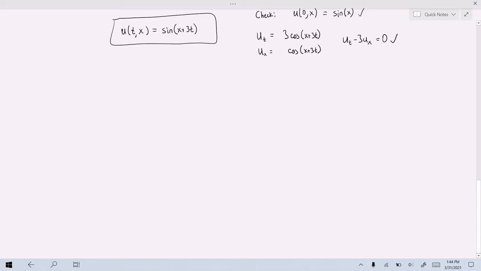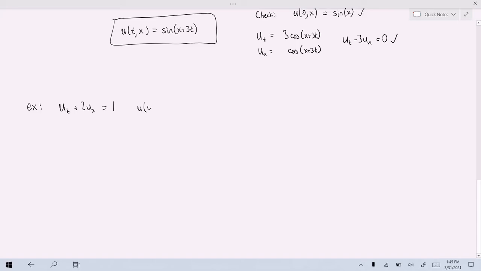Okay, so for the next example, let's consider the equation u_t plus 2u_x equals 1. Okay, let's have an initial condition.